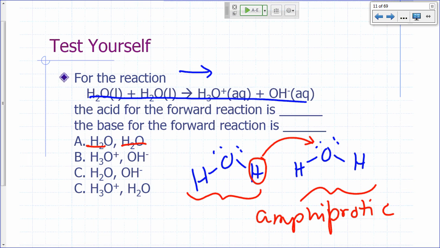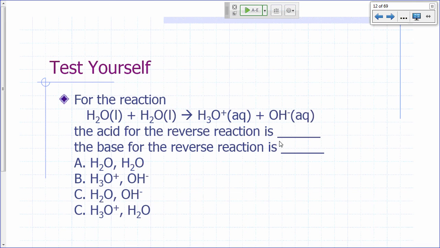Amphi means like amphibian, can go either way, land or water. An amphitheater is where you can see the stage from both sides. So amphiprotic would be a species that can either accept or donate a proton. It can act as either a Bronsted acid or a Bronsted base.